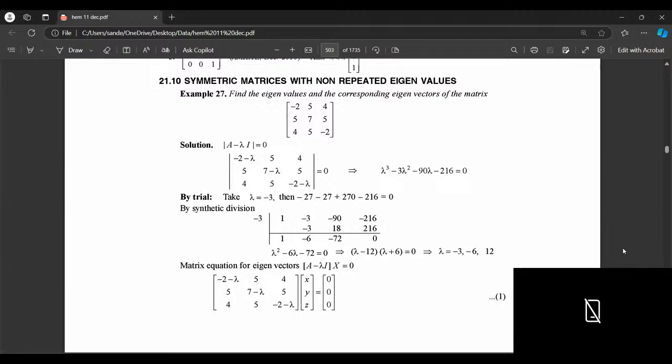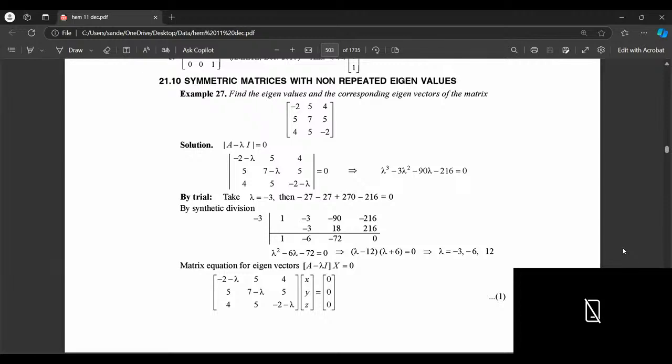So similar procedure to find eigenvalues. We write characteristic equation, which is determinant of A minus lambda I equal to 0, which is determinant of -2 minus lambda, 5, 4, 5, 7 minus lambda, 5, 4, 5, -2 minus lambda, equal to 0.